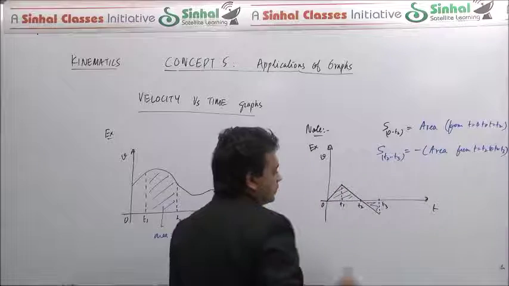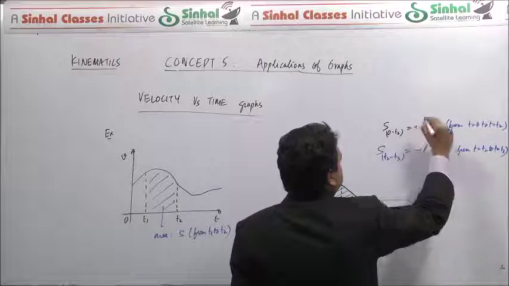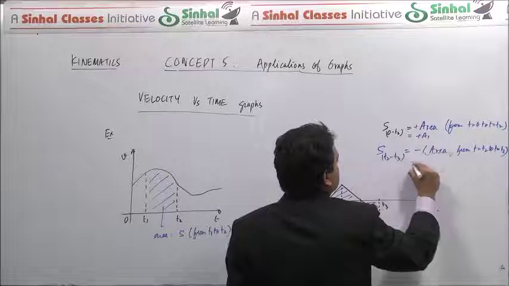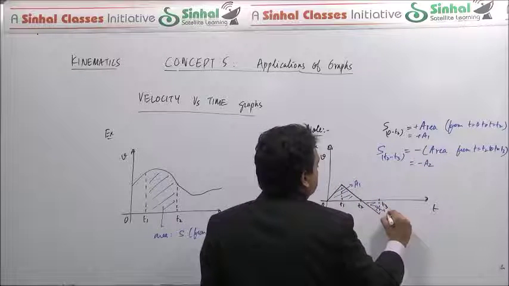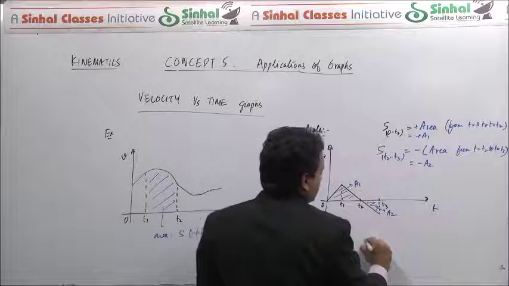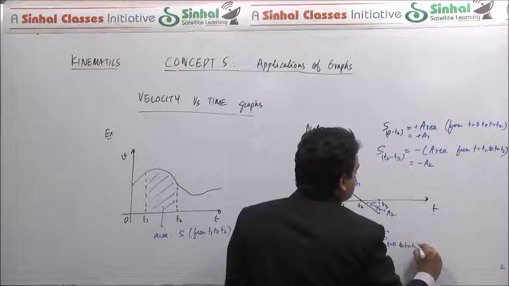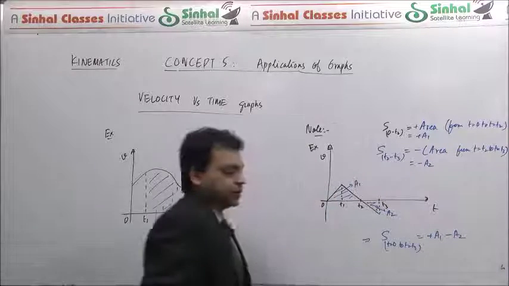Okay. So for example, if this area is A1, let's say, and this area is A2. So let's say this is plus A1 and this is minus A2. Then the displacement from 0 to t3 will be plus of area A1 minus of area A2. So that's the important thing.